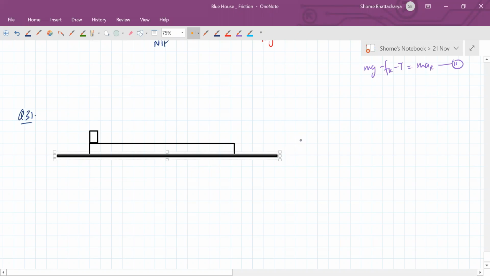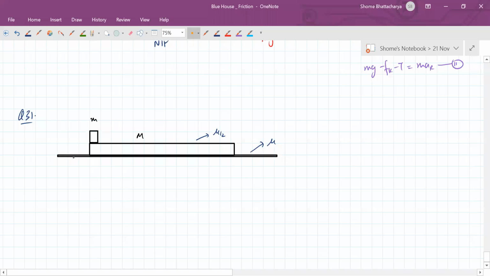So what is happening in this question is that the ground has a coefficient of friction of mu, and between these two there's a coefficient of friction which is half of that, mu by 2. And at t equal to 0, we have applied some sharp impulse.